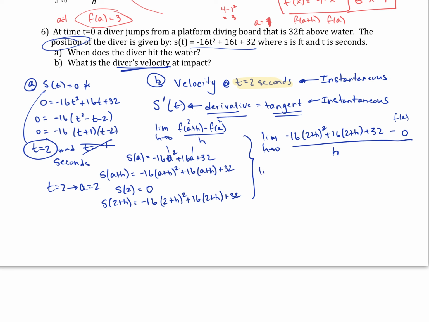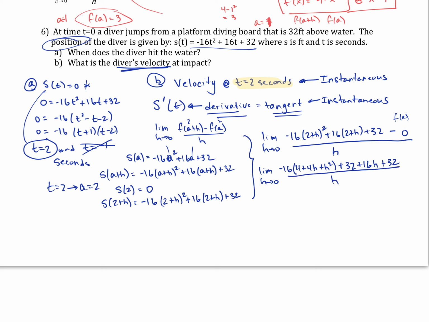So the limit as h goes to 0 of negative 16 times (4 plus 4h plus h squared), and I can distribute this, plus 32 plus 16h plus 32, all over h.